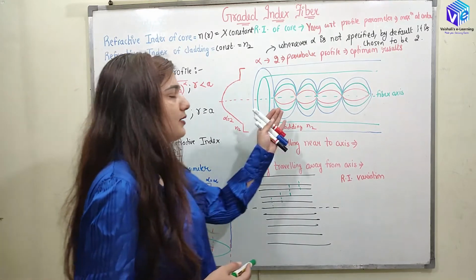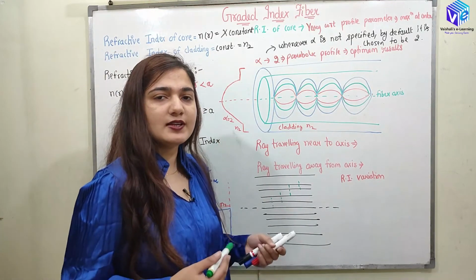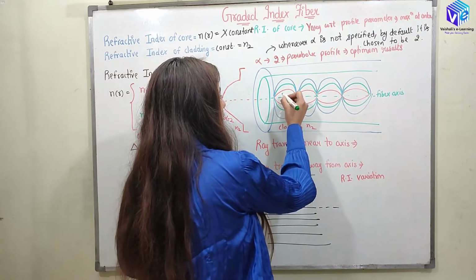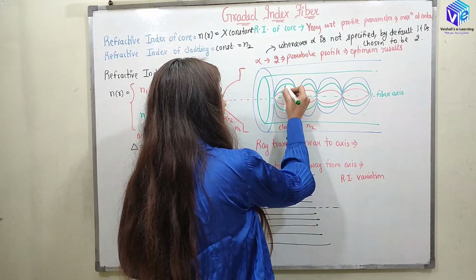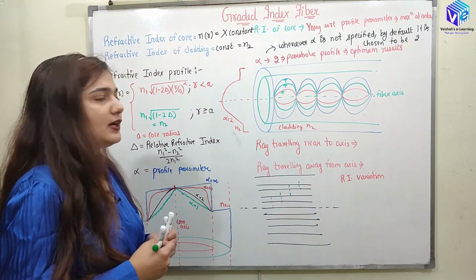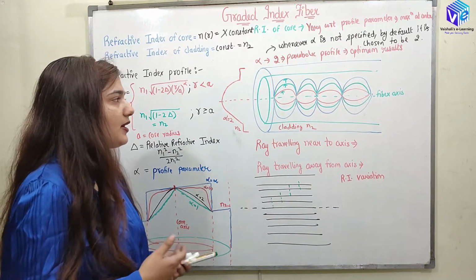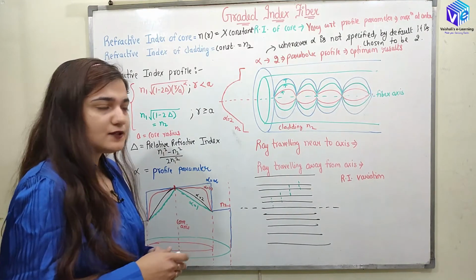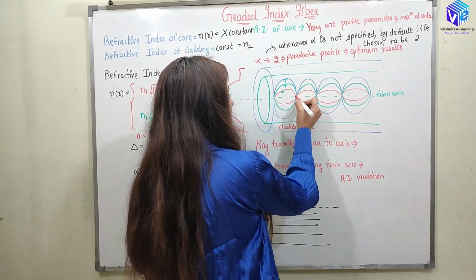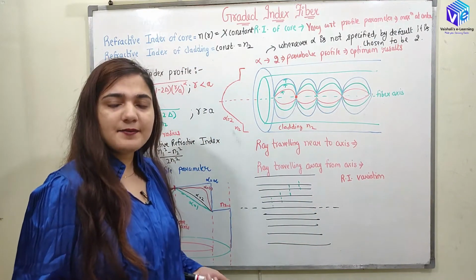You can see these are the various rays, the various modes which are propagating inside the core. This shows ray 1, ray 2 and ray 3. Even though ray 1, ray 2 and ray 3 all have different paths for their propagation, all of them are reaching the fiber axis at the same time.